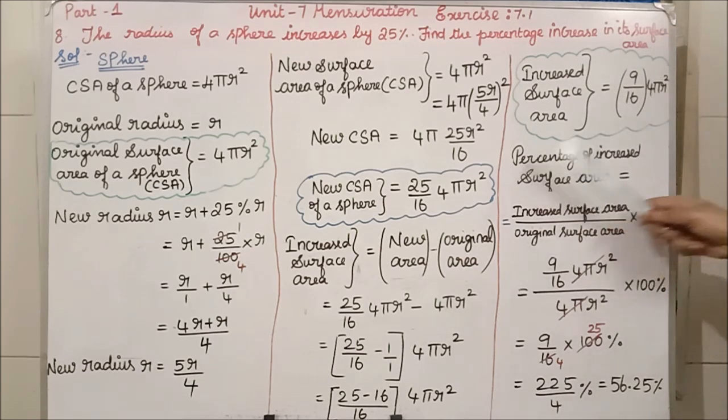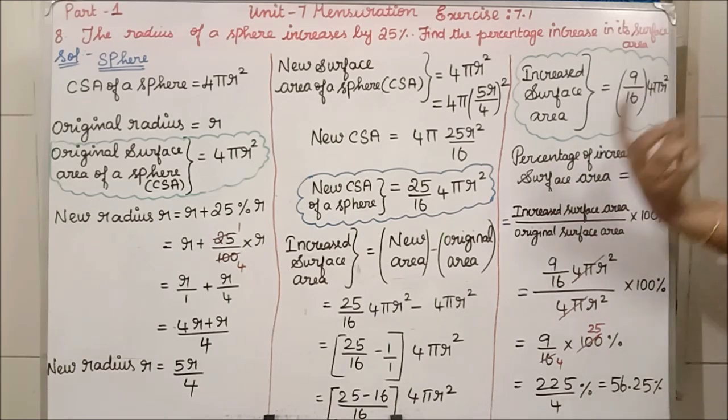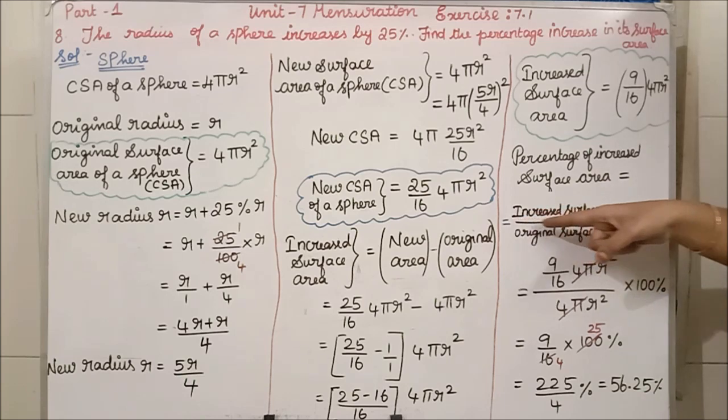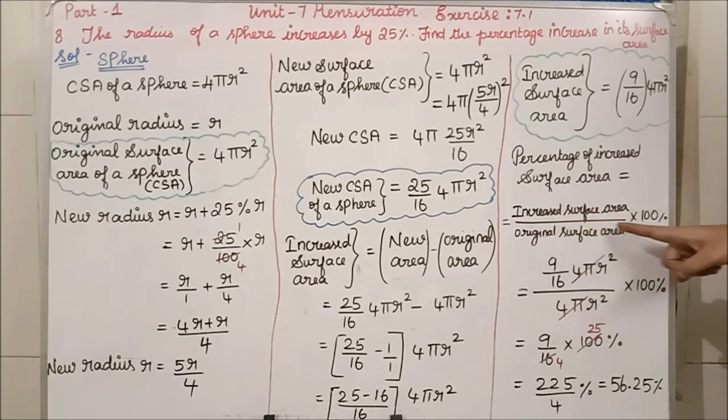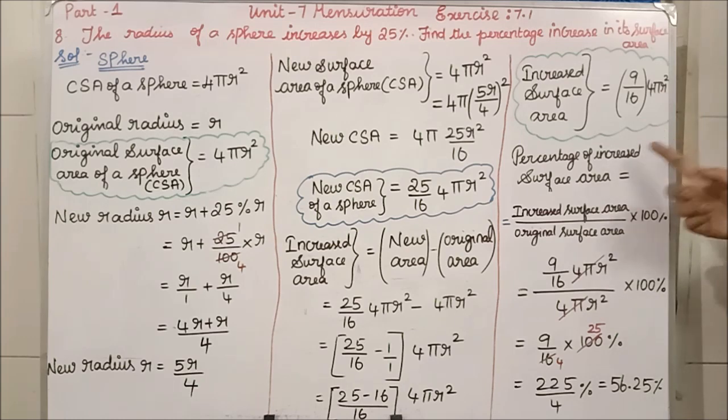So the percentage of increased surface area is equal to the increased surface area divided by the original surface area into 100%. Usually when finding a percentage, we take how much has been increased, divided by the original value, and multiplying with 100 you will get the percentage of increased surface area value. Clear all of you?